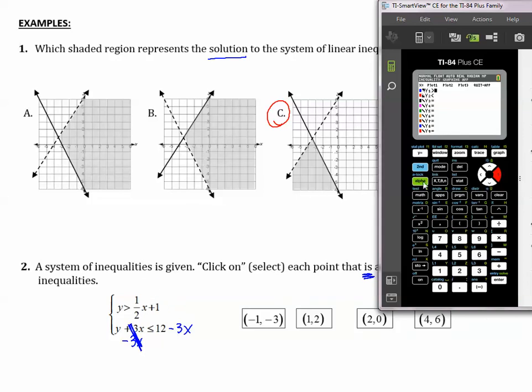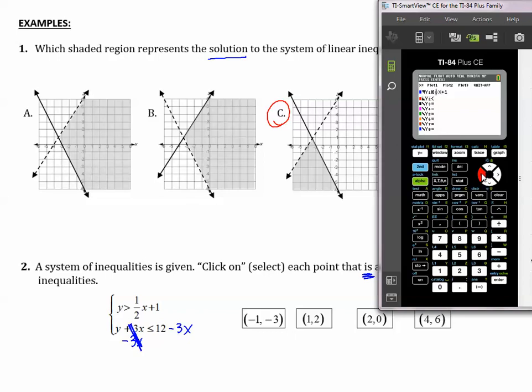1/2 x plus 1. Alpha y equals enter. 1 in the numerator, 2 in the denominator, arrow over to be able to type x next to it, and then plus 1. Down to the next one, I need the less than or equal to sign. I didn't divide or multiply by any negative number, so this symbol stays as it is, less than or equal to.